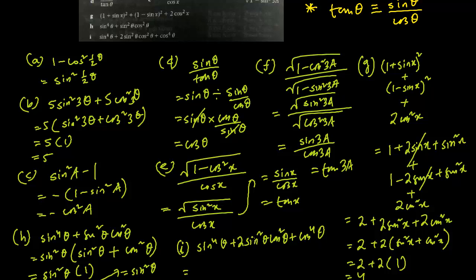Sine squared theta is like a, cos squared theta is like b, and the first one, sine to the power 4 theta, is sine squared whole squared. So we can write it as a plus b whole squared, which is the same as sine squared theta plus cos squared theta is 1. So we can write 1 whole squared, which is 1.